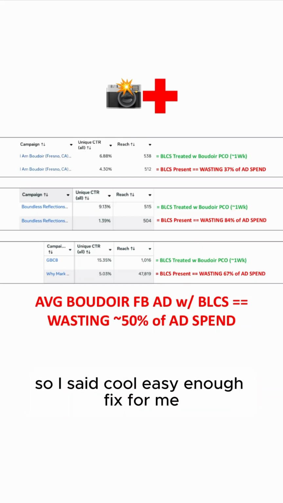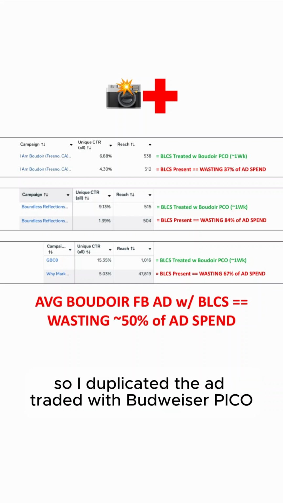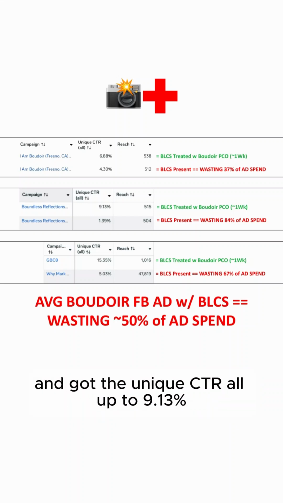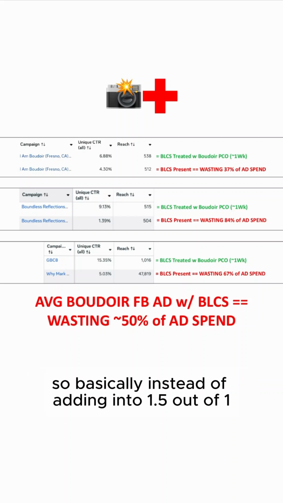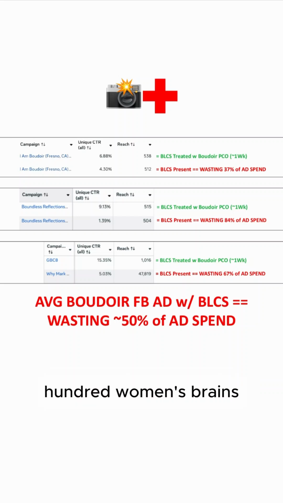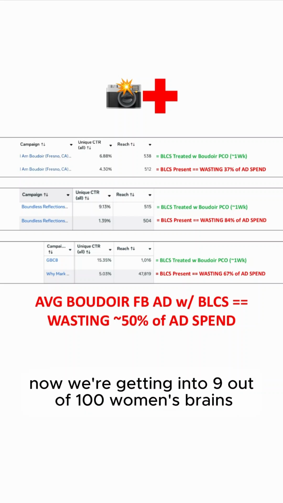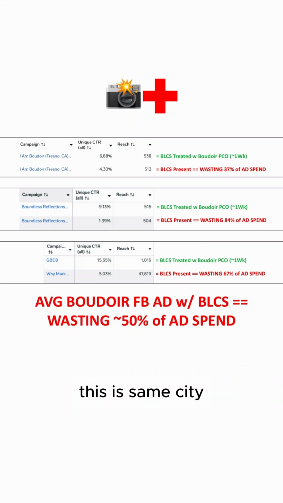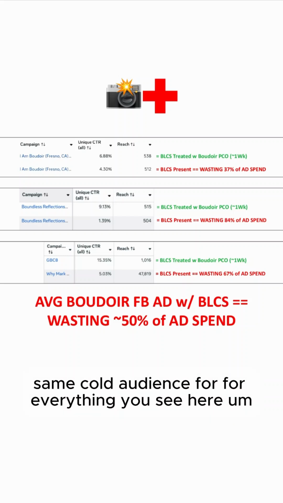So I said, cool, easy enough fix for me. I duplicated the ad, treated it with boudoir Pico, took about a week, and got the unique CTR up to 9.13%. So basically, instead of their ad getting into 1.5 out of 100 women's brains, now we're getting into 9 out of 100 women's brains. It's the same city, same cold audience for everything you see here.